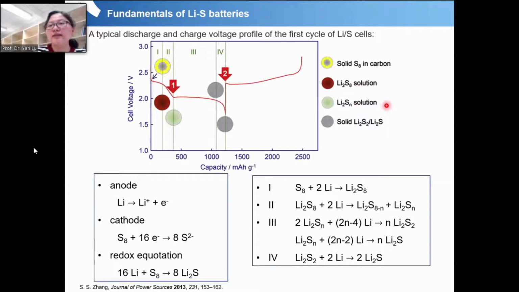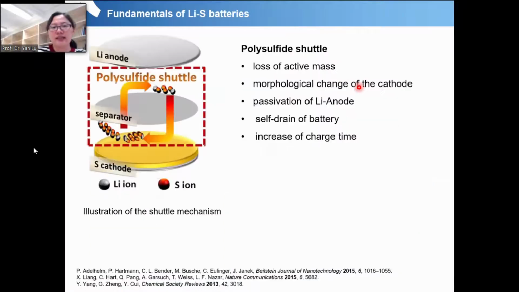And the dissolution of the polysulfides in the electrolyte will give a lot of problems for the system because they will move from the cathode to the anode and lead to the shuttling effect. And this is called the polysulfide shuttle effect.